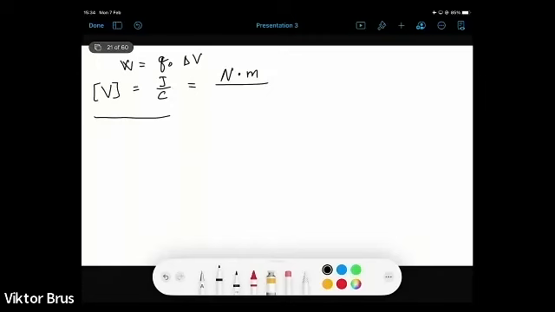So let's continue. We replace joule with Newton times meter, and here in the denominator we have Coulomb. Do you remember which physical quantity has these units, Newton per Coulomb?